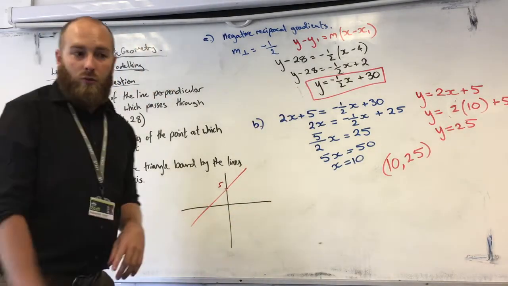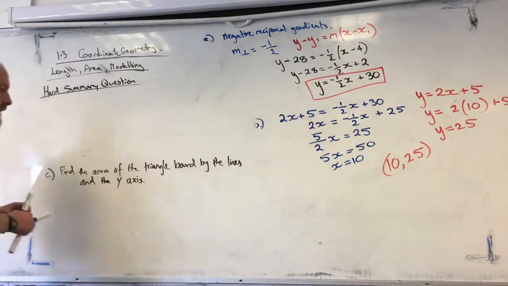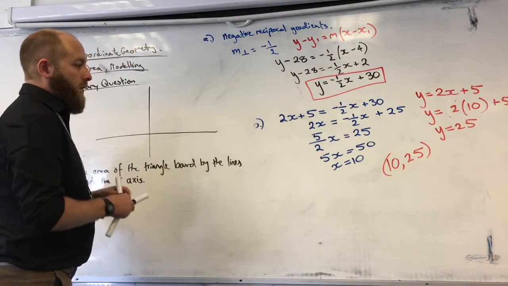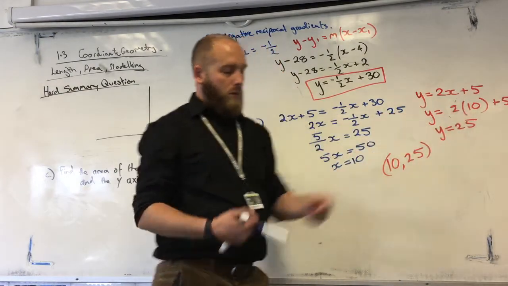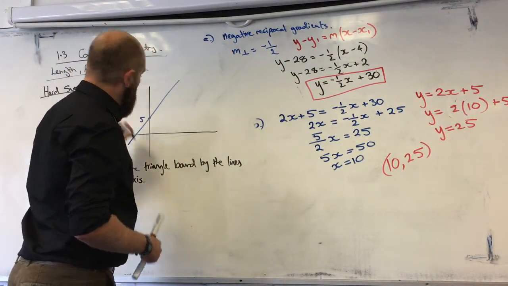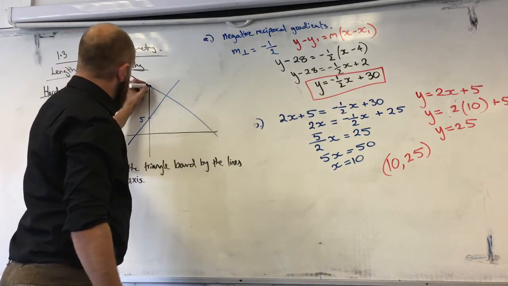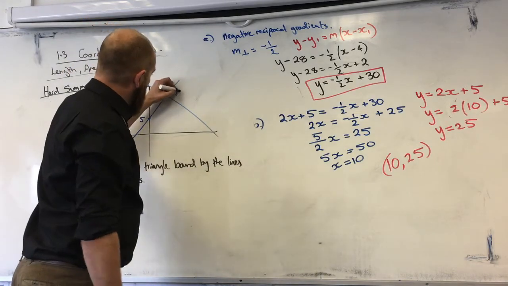I've drawn an awful sketch. So axes: a positive gradient going through the y-axis at 5, and a negative gradient going through the y-axis at 30. We know that they meet each other at (10, 25).